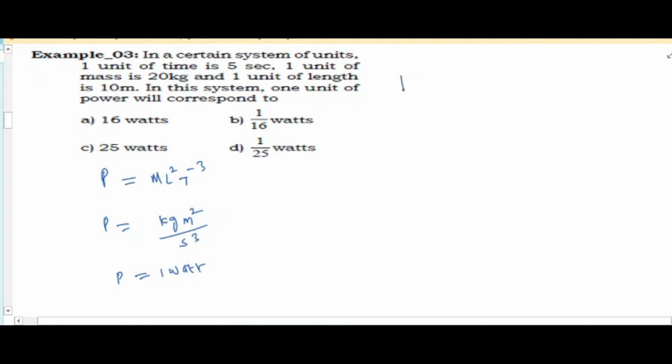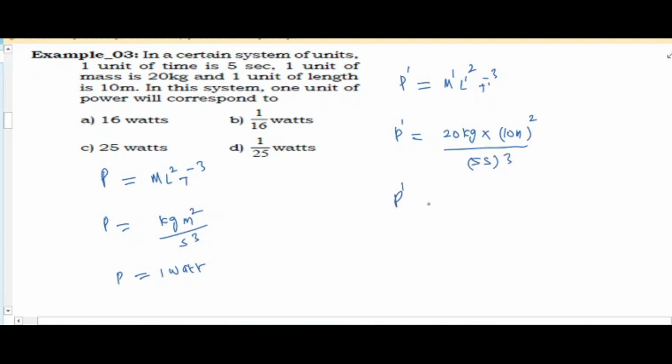In a new system, power P dash is equal to M dash, this is L dash square T dash whole to the power of minus 3. In that system, the unit of mass is given as 20 kg, and the unit of length is given as 10 meter whole square, and the unit of time is 5 seconds, 5 second whole cube.